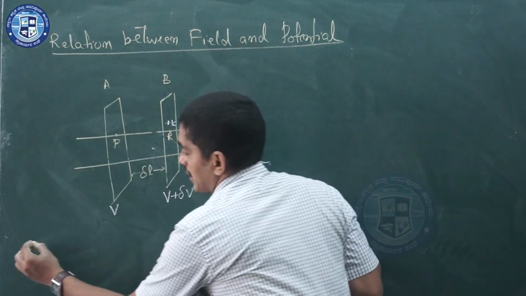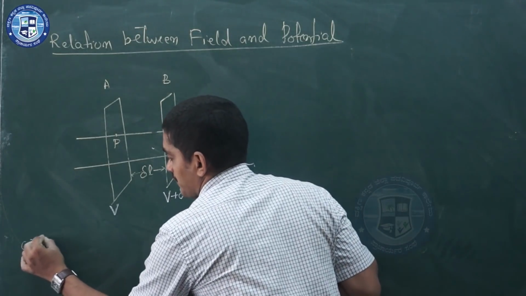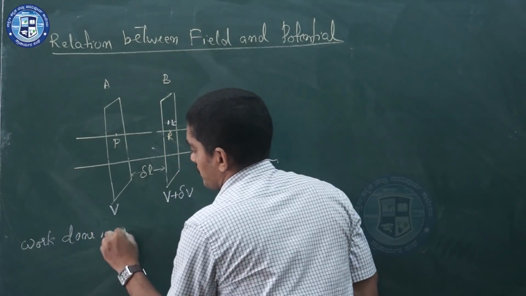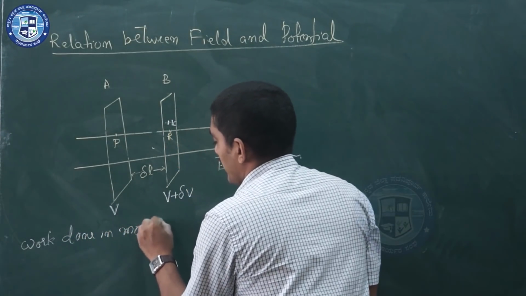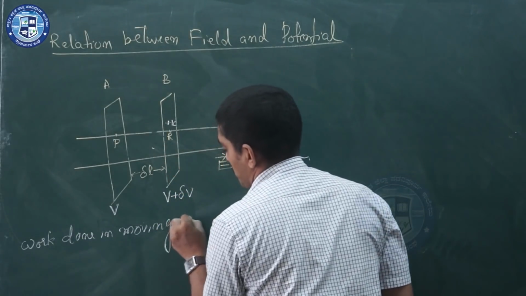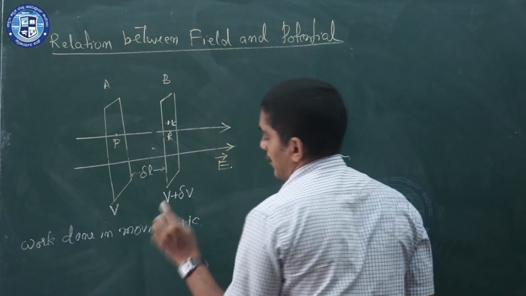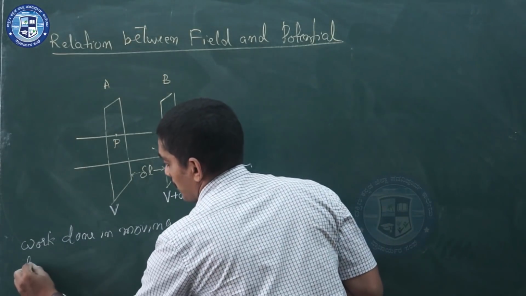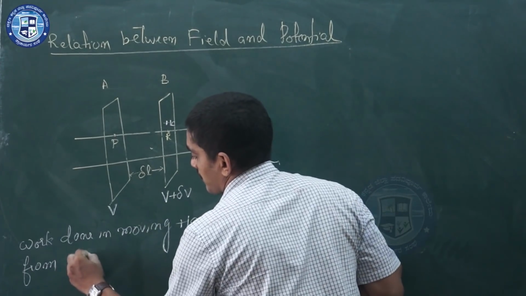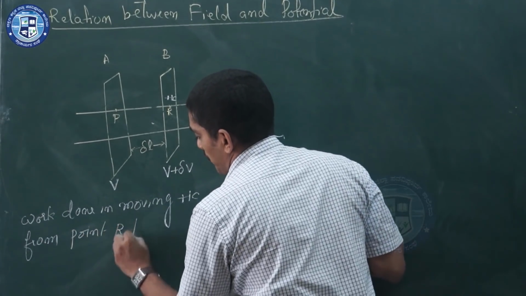Now, what is the work done in moving a unit positive charge, that is plus 1 coulomb, from point R to P?